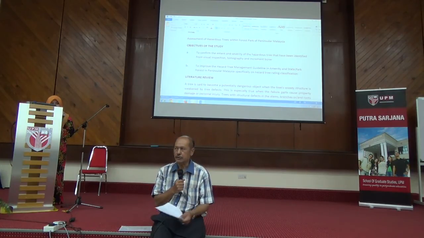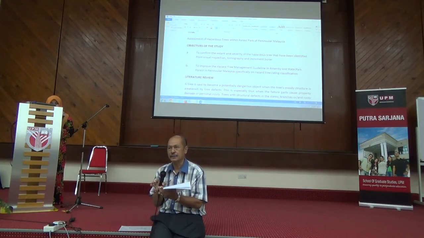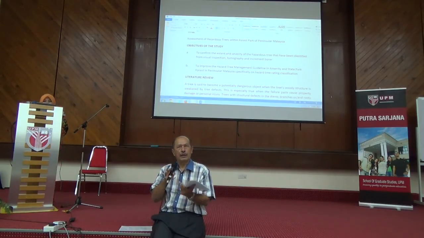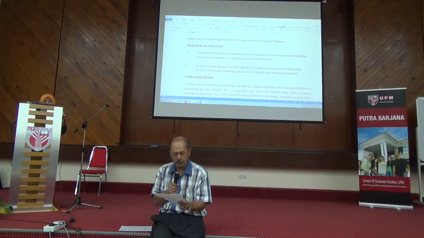Actually, the objective should be, to me, to first identify characteristics of trees that you define as dangerous. That's the first thing. Is it the branching or stem rotting? Species not mentioned here. So this proposal has to be improved. Then improve the management guideline.